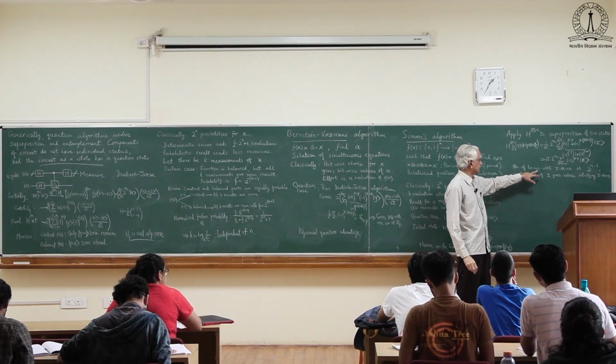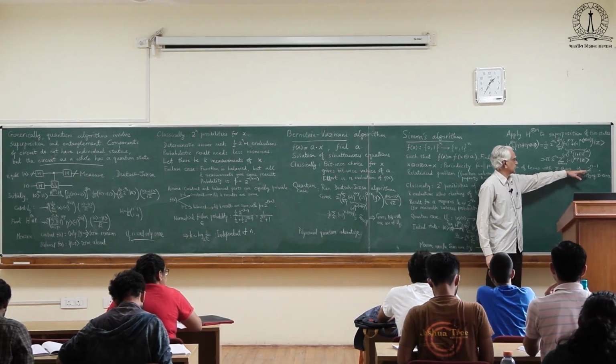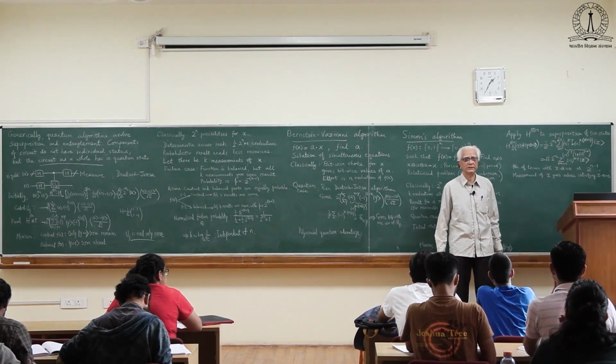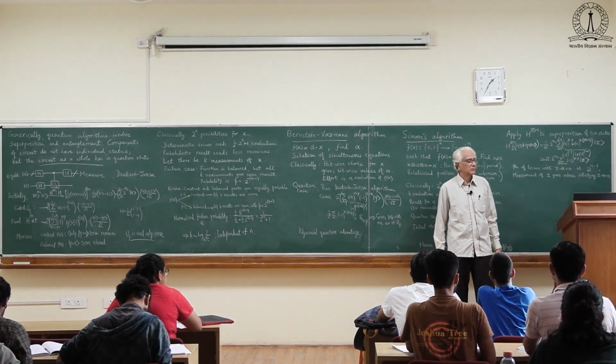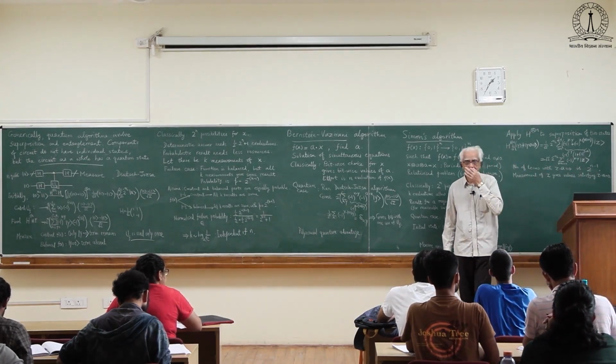There are still a huge number of terms. So when I try this measurement, there are 2 raised to n minus 1 different possibilities. But the point is, each one of them will satisfy z dot a equal to 0.